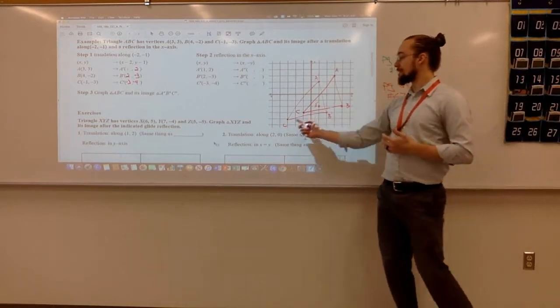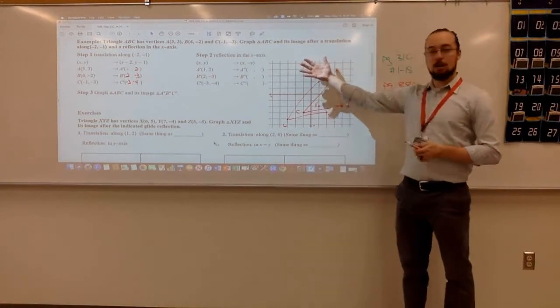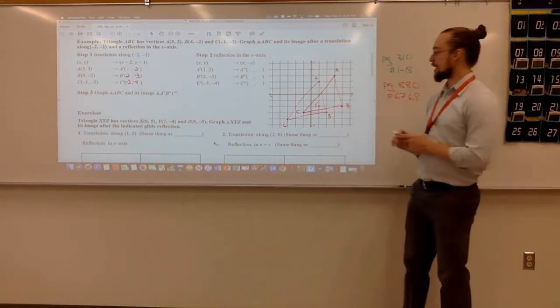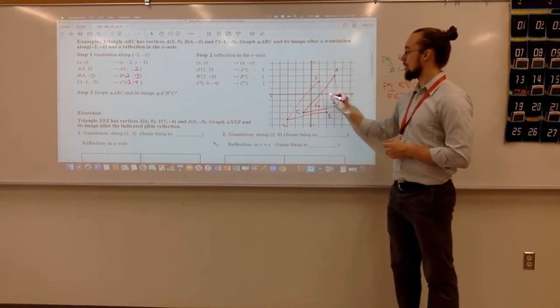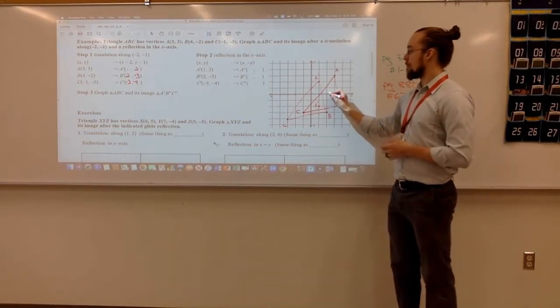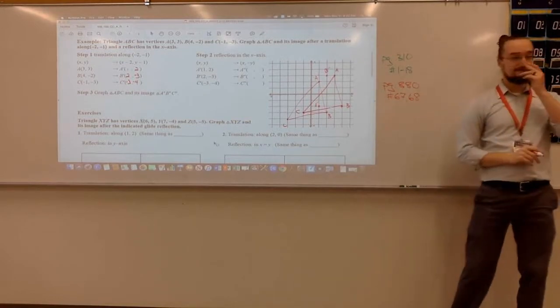Now if I take B prime and C prime, they're going to end up here when I reflect across the x-axis. So to reflect B prime, we just count the distance that point is from the x-axis. That's a distance of 1, 2, 3. So then I go up 1, 2, 3. B double prime will be right there.